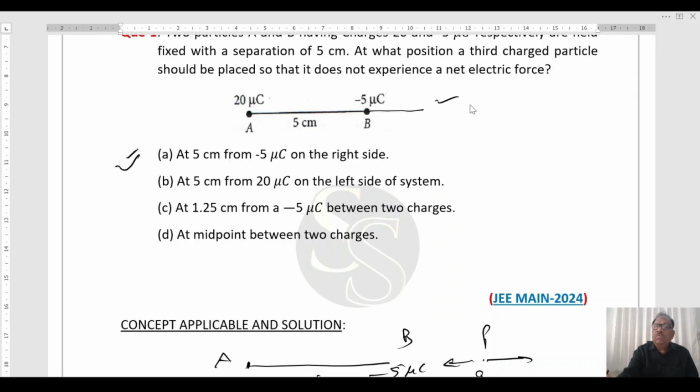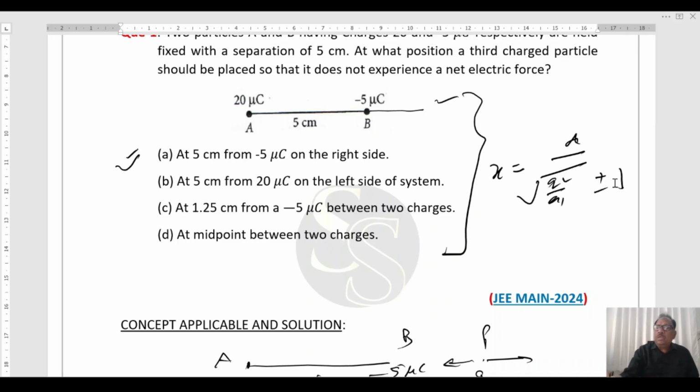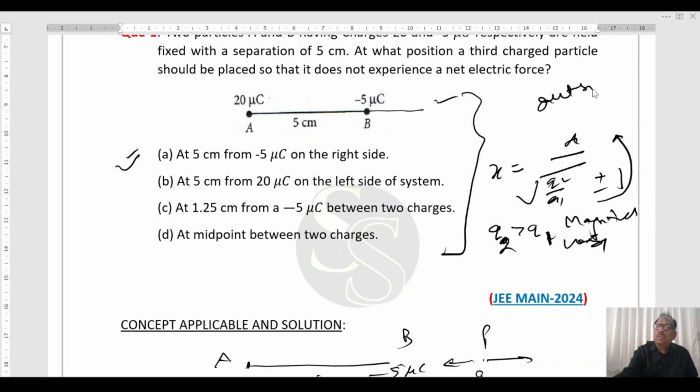Now it's a shortcut, we can give the answer directly. Null point will be x equals d upon (under root q2 upon q1 plus minus 1), where q2 is greater than q1 magnitude wise. Negative is for outside and positive for inside.